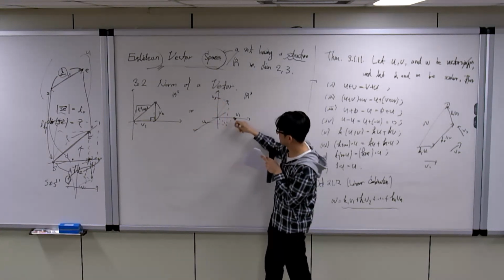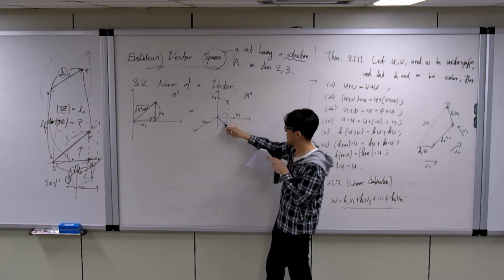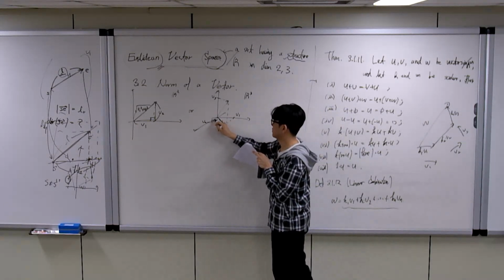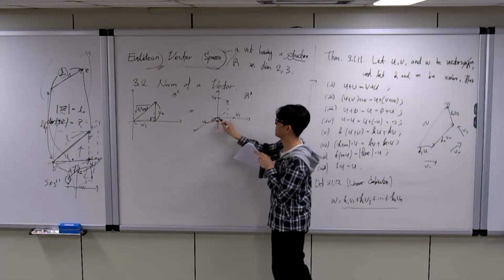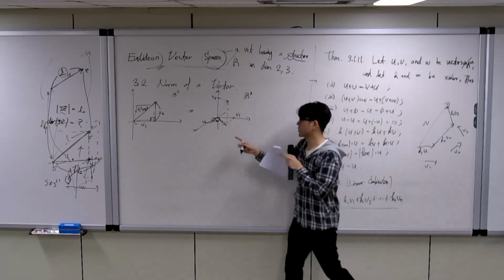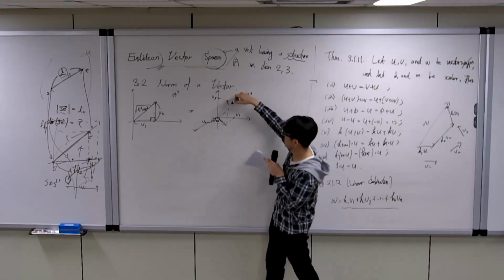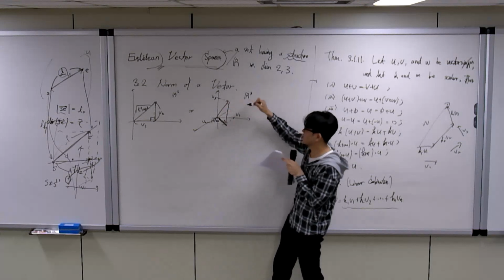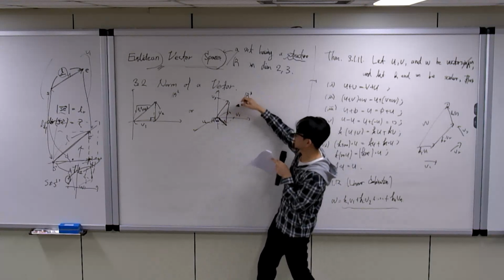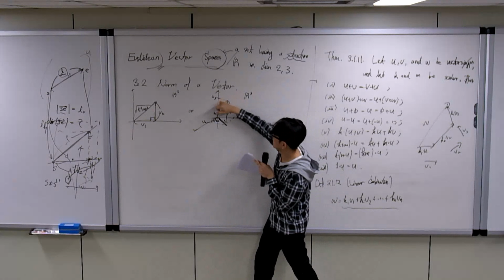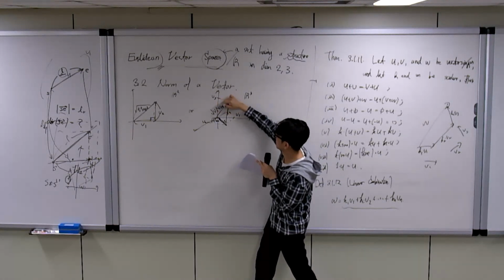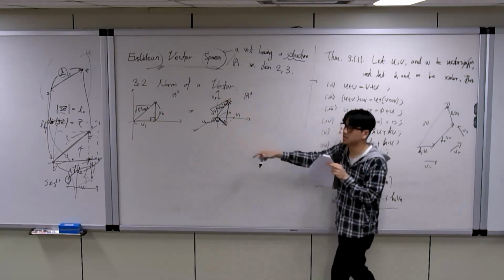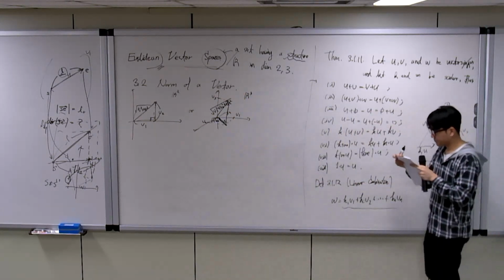We construct v1 and calculate this length, which is the square root of v1 squared plus v2 squared. And by calculating this triangle, since this length is 3, we can get the value of this length, the diagonal length.